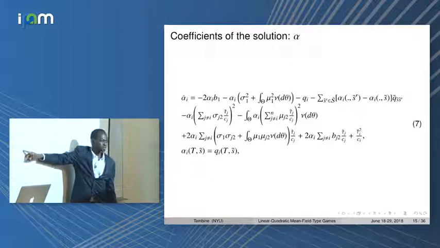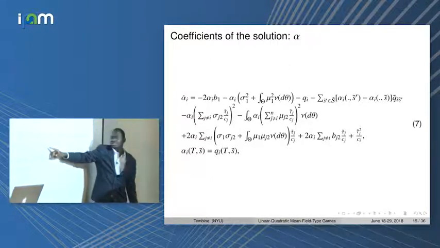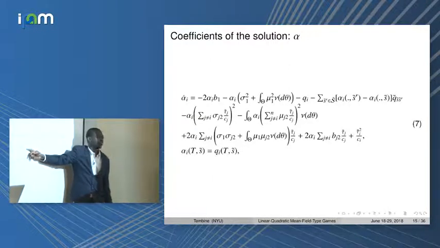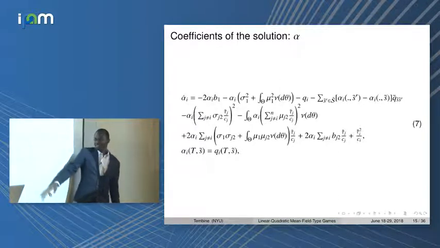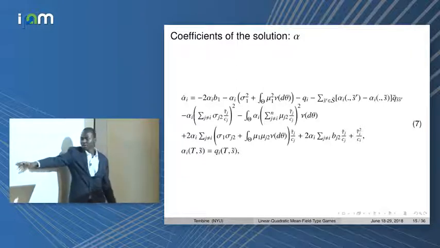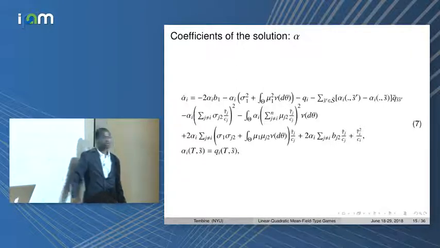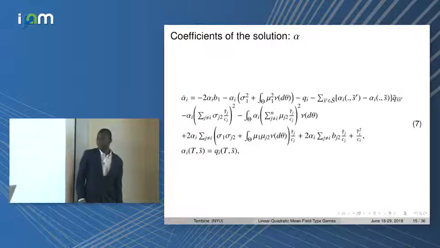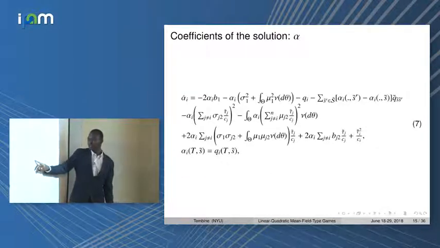Your diffusion is controlled. This one is because your jump is controlled. These other cross terms disappear when your diffusions are uncontrolled or without state. And this was already in the deterministic case.